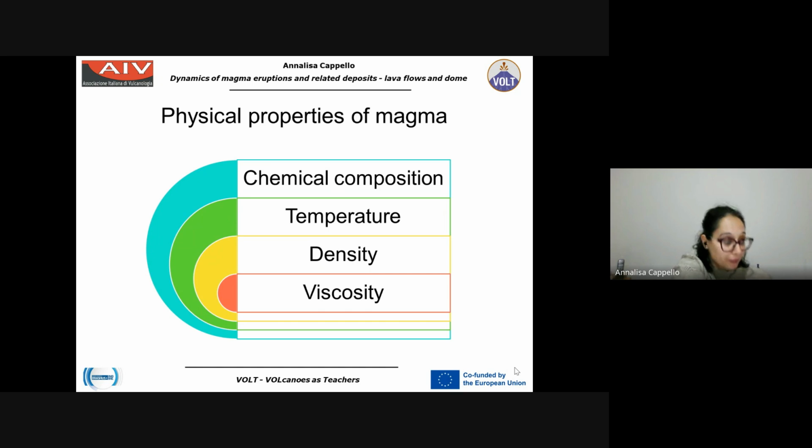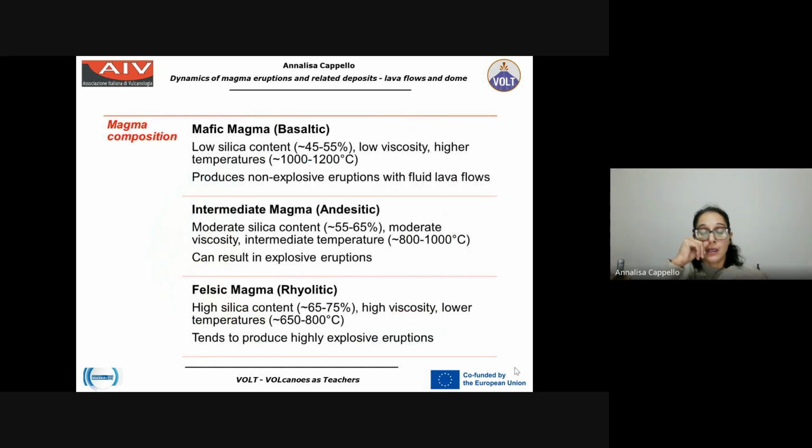So let's do a first classification of magma. Based on their composition, magmas can be classified into three main categories.